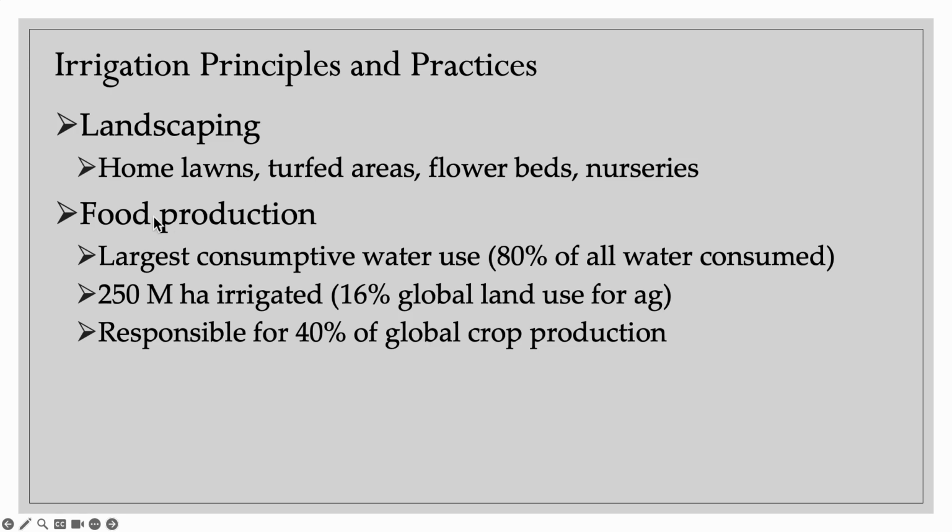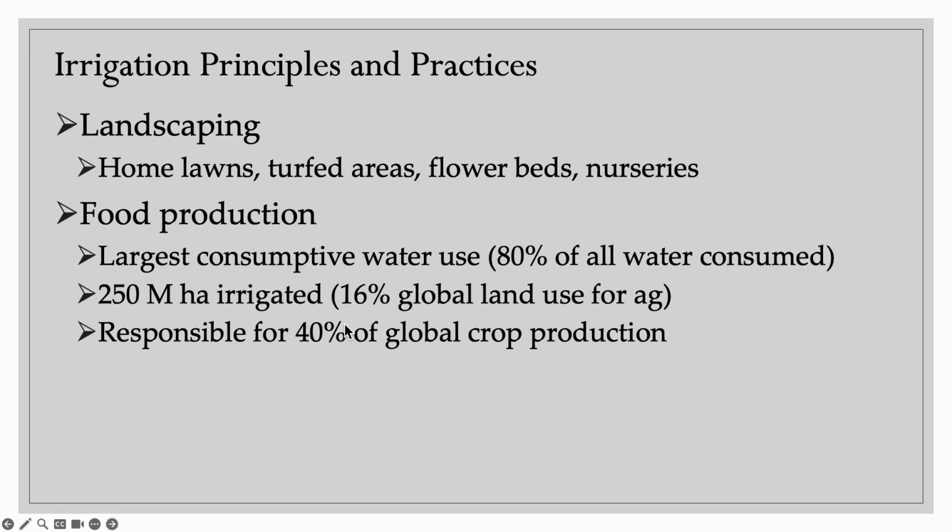This is going to be a big issue because food production is where we use most of our water. Up at Oakley, we have a hydroponic tomato production facility, and with hydroponics we can recycle some of that water. But growing crops out in the open, given our current climate situation, we're going to need to apply irrigation.